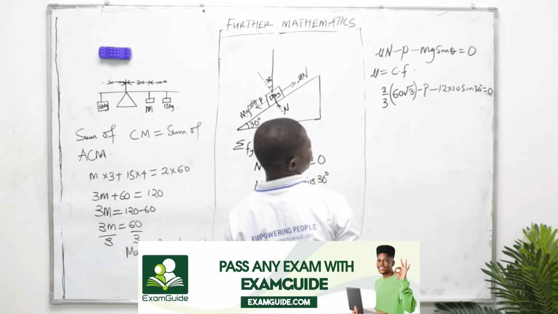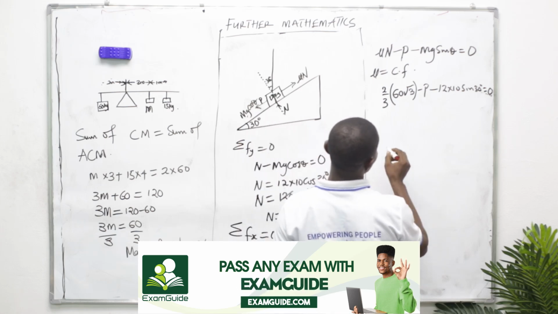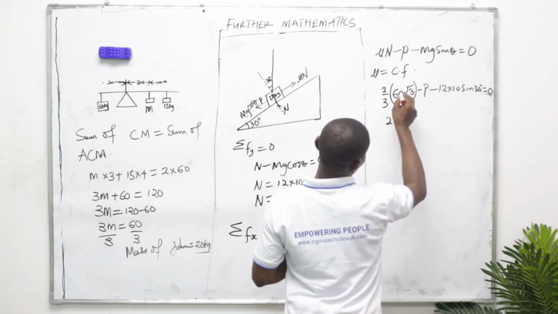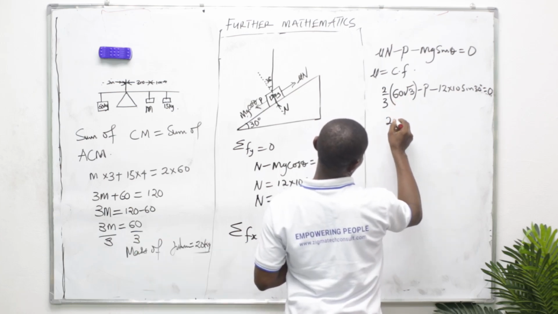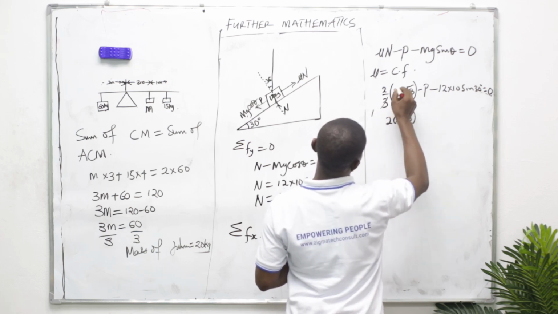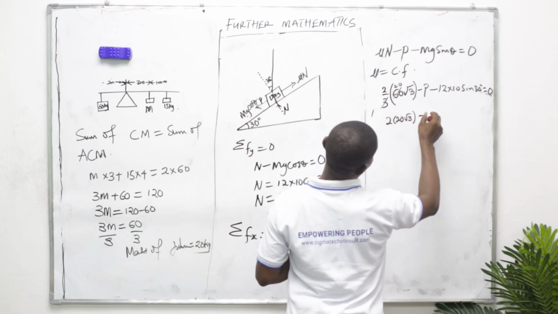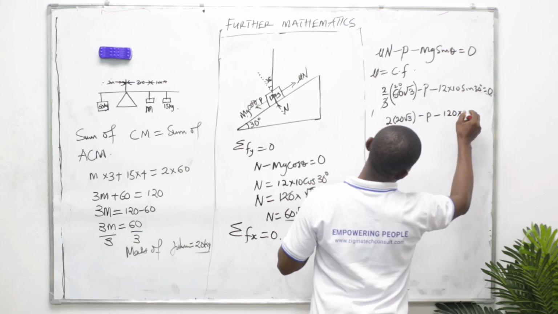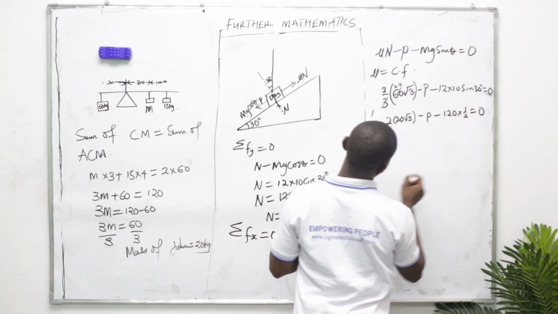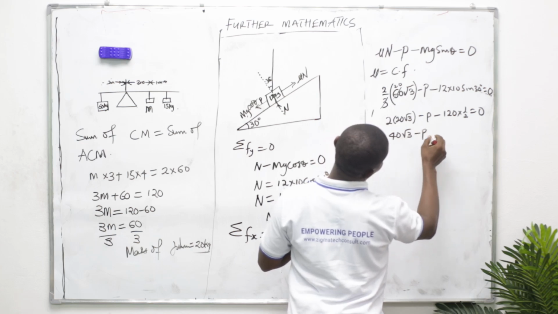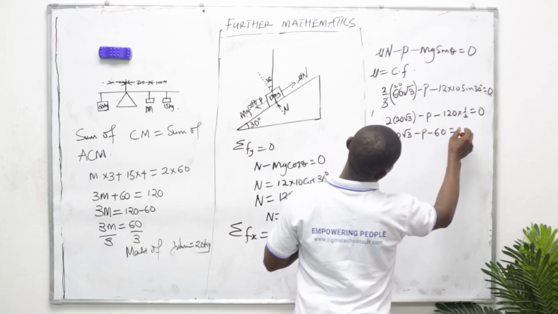Okay, if you have this, the 3 here gives us 20, so 20 bracket 20 root 3... that is 40 root 3 minus P minus 120 multiplied by 1 over 2 equals 0. So 40 root 3 minus P minus 60 equals 0.